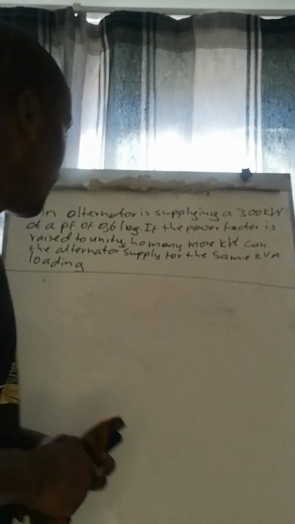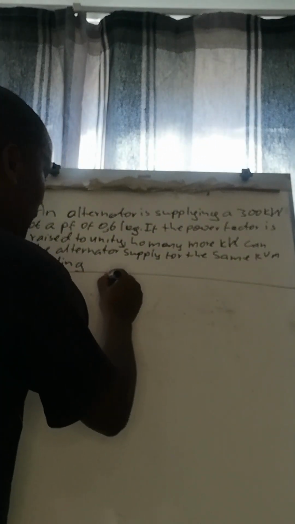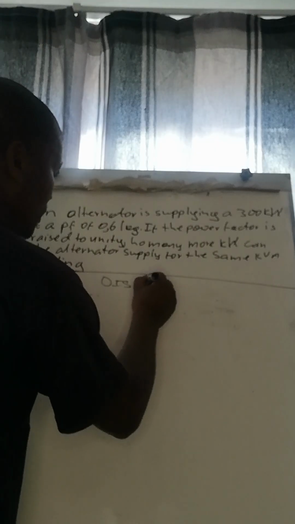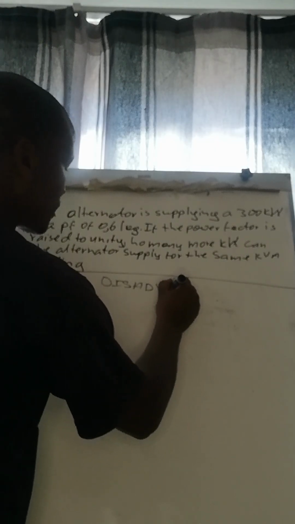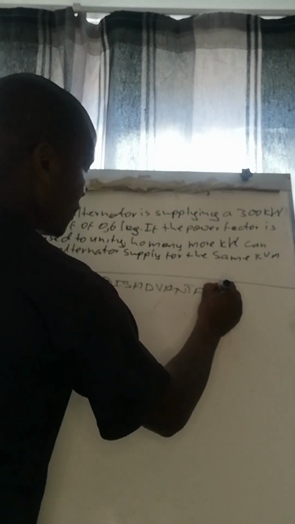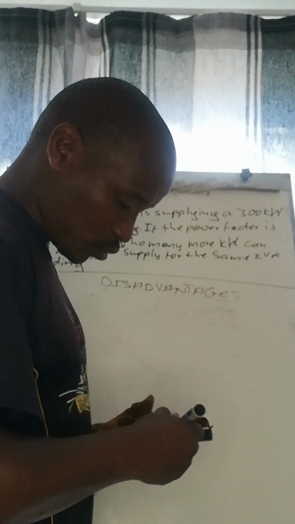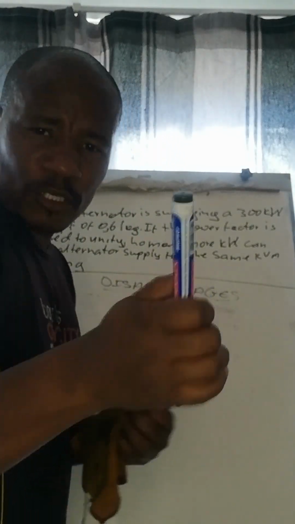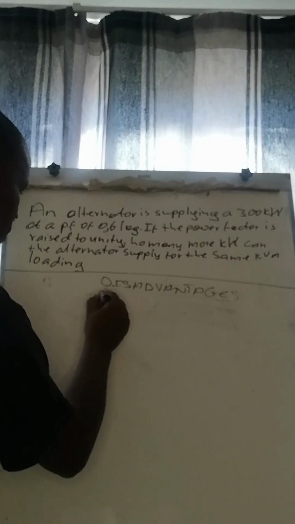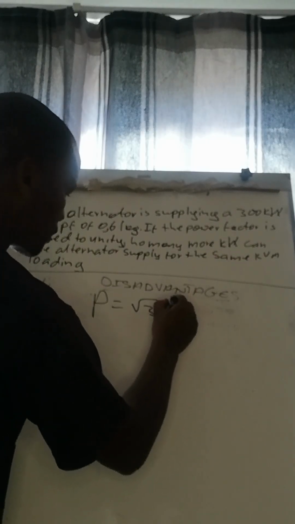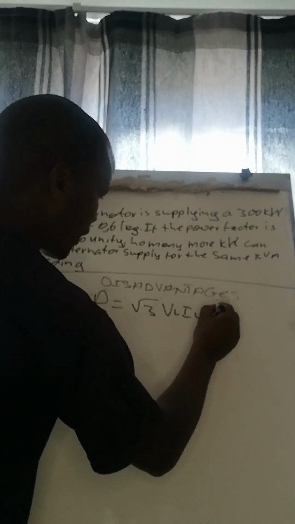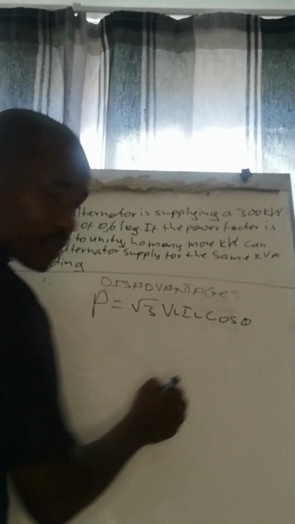Yeah, so the disadvantages of a low power factor is equal to what? Well, I can't write them, but look, you've got power is equal to root 3 V line I line cos of phi.